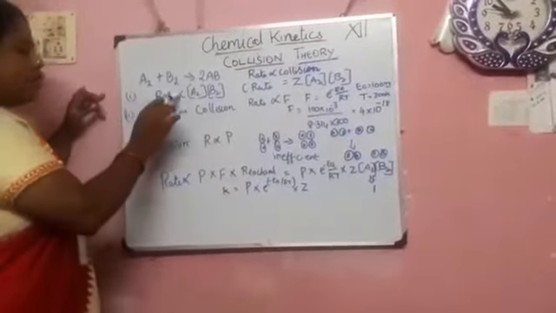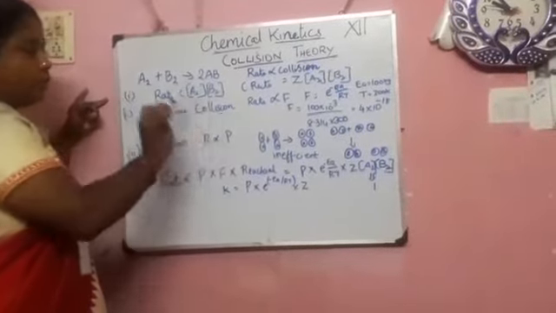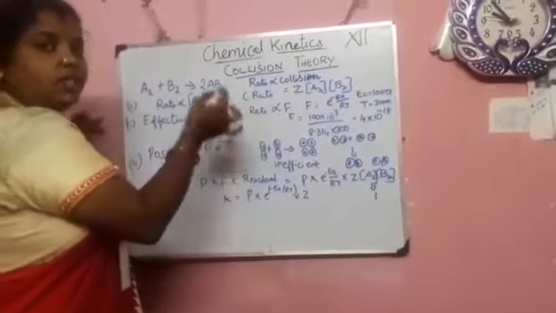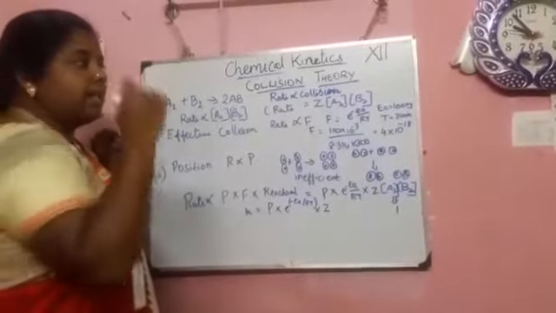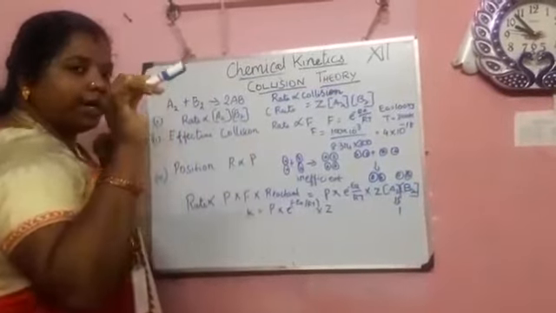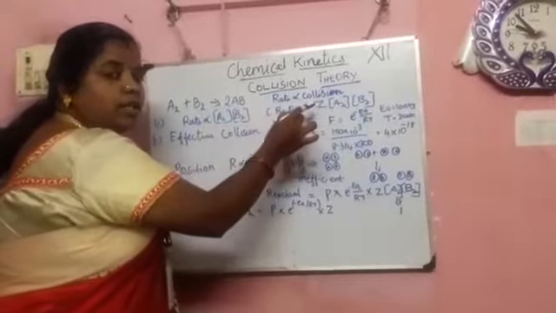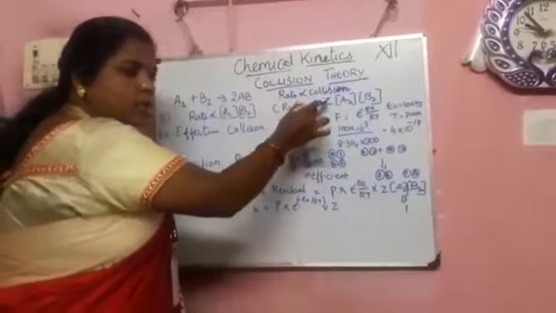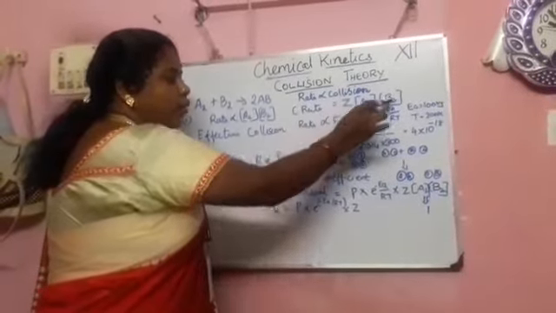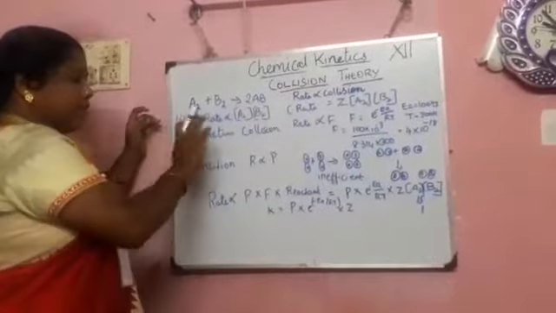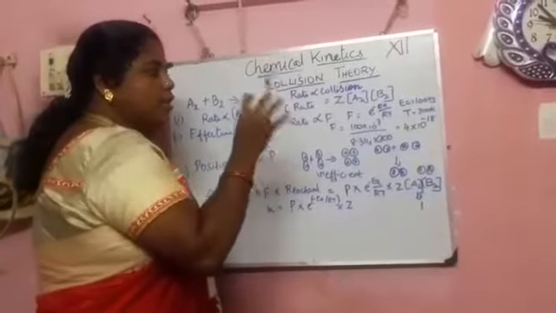Let's consider the rate directly proportional to the concentration of reactants A2 and B2. Here the collision rate has a constant, just as we included K as the rate constant elsewhere. For collision we have included the letter Z, so it is also a constant. So the collision rate equals Z into A2 B2, which is directly proportional to the concentration of A and B.